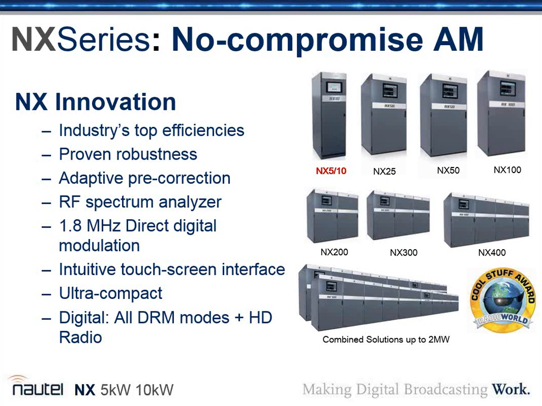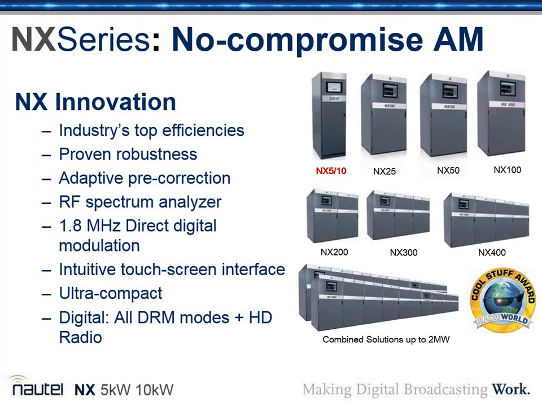It uses 1.8 megahertz direct digital modulation and has an intuitive touchscreen interface, also known as the AUI. If you know how to use our AUI in an FM transmitter or our TV transmitters, you know how to use it in the NX series. It's an ultra-compact series, and all DRM modes plus HD Radio are supported.